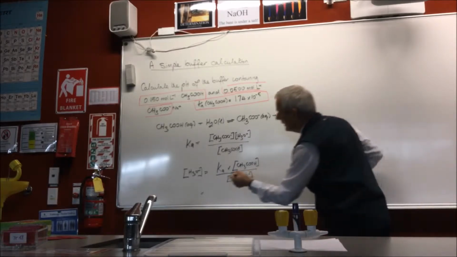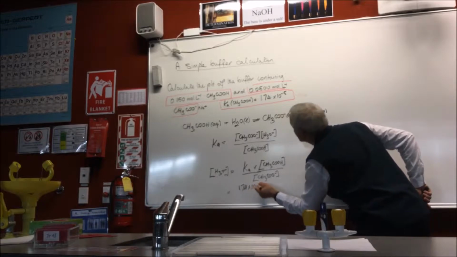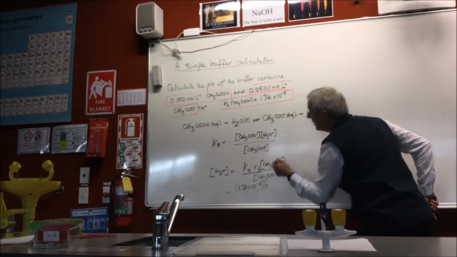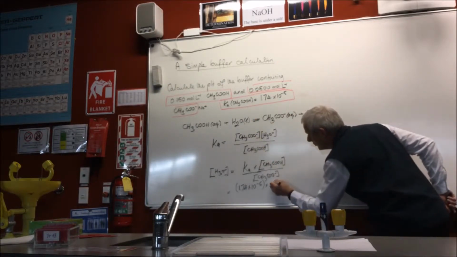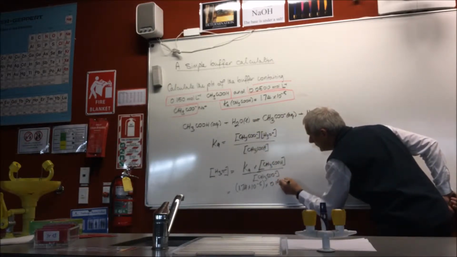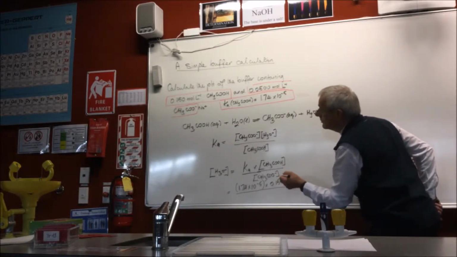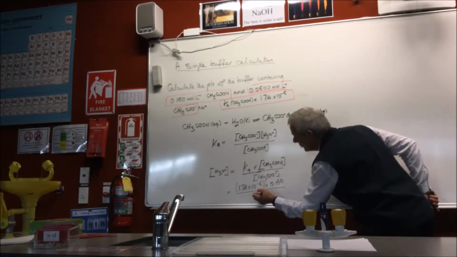Okay, so Ka is 1.74 times 10 to the minus 5 times concentration of ethanoic acid, which is 0.150, and that's divided by the concentration of ethanoate, the conjugate base, which is 0.0500.